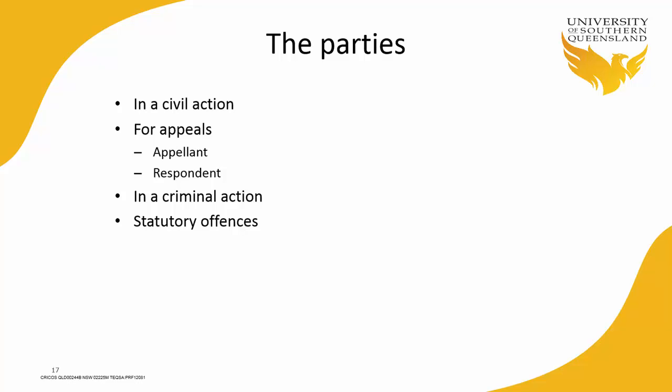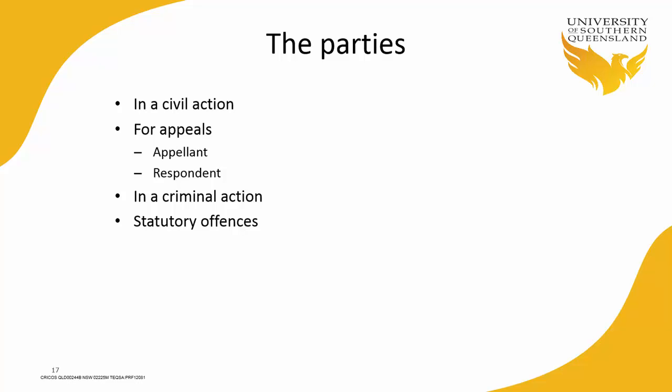Now, in relation to statutory offences, we'll just say a few things about that. You'll find that in terms of statutory offences, we have to talk about what's known as strict liability. Okay.